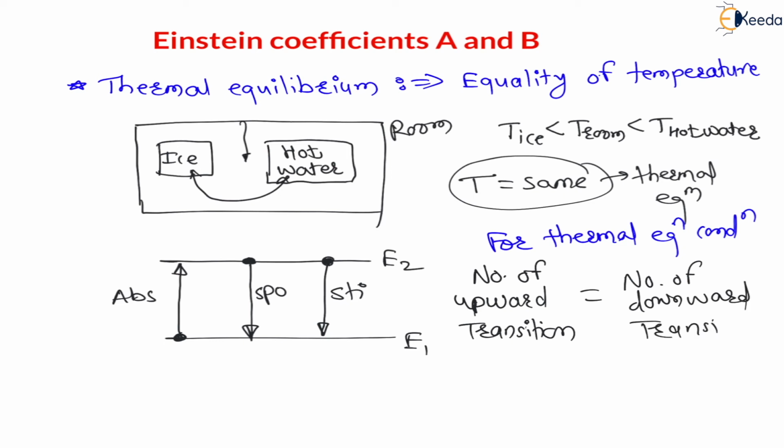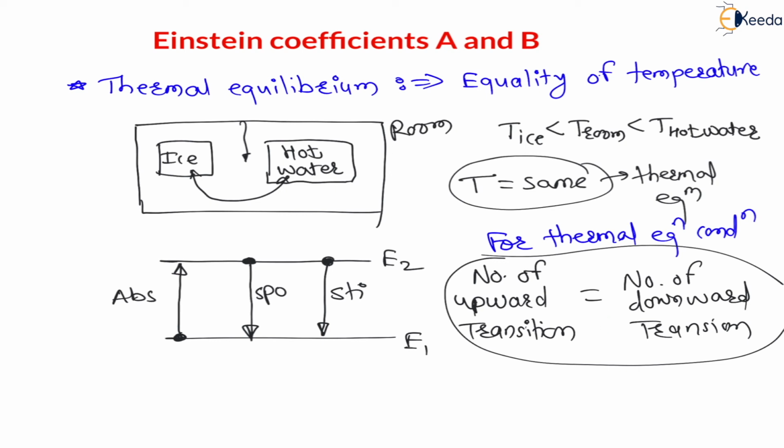This is called the thermal equilibrium condition. Whatever the upward transition may be, it must be equal to the downward transition. If two electrons are moving in the upward direction, then two electrons move in the downward direction. If three electrons move upward, three electrons will also come downward. This is called the thermal equilibrium condition.